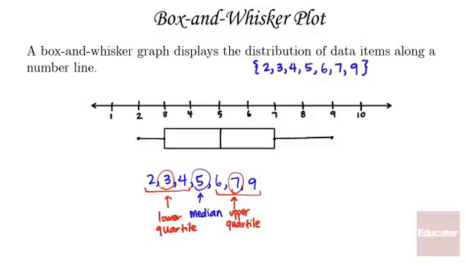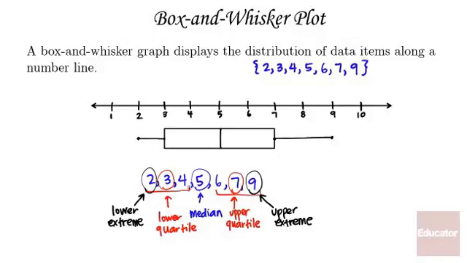And then the smallest number in your data, which is the 2, is called your lower extreme. And the biggest number in your data is going to be your upper extreme.